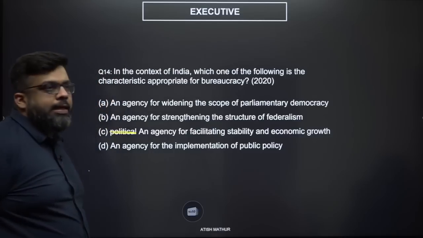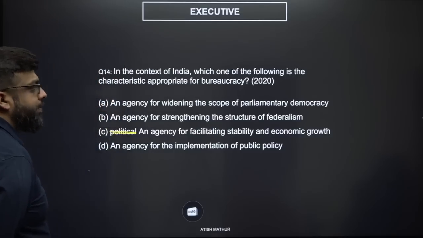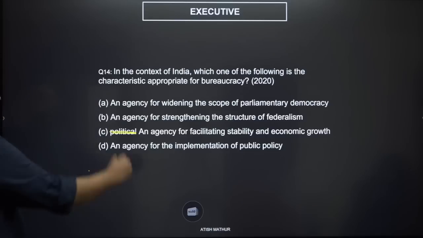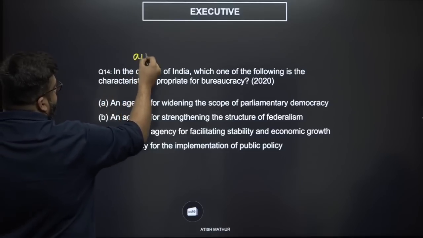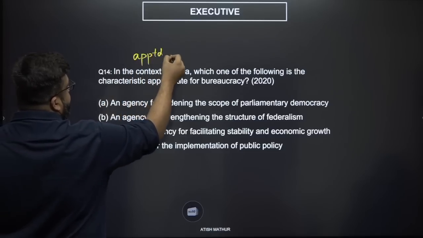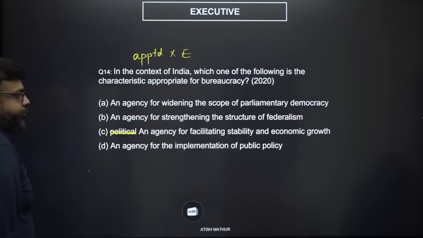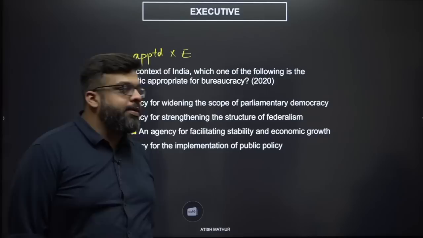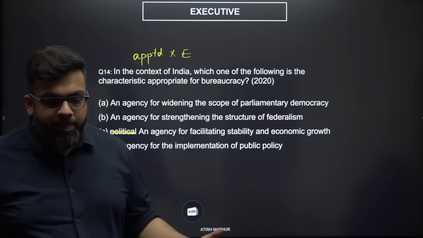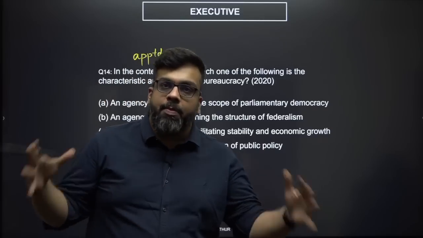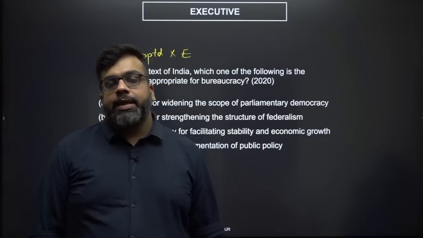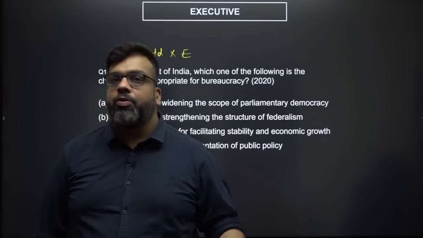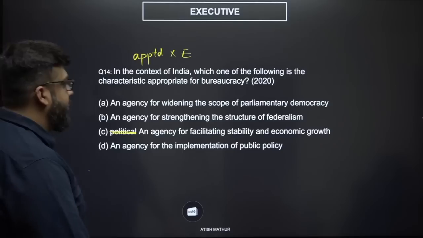That's not necessarily the primary function of the bureaucracy, because they are an appointed authority. Remember, the bureaucracy is an appointed authority, not an elected authority. So if you have to widen the scope of parliamentary democracy, you want more people to contest elections, you want more people to be represented in elections, that is to be done through a law. A law is made by the parliament.